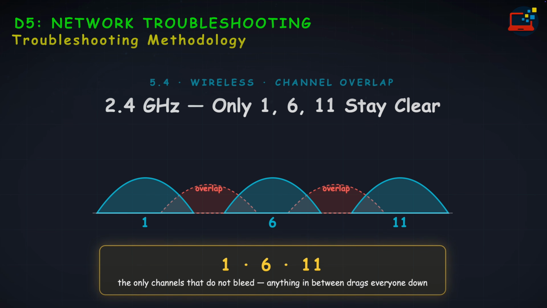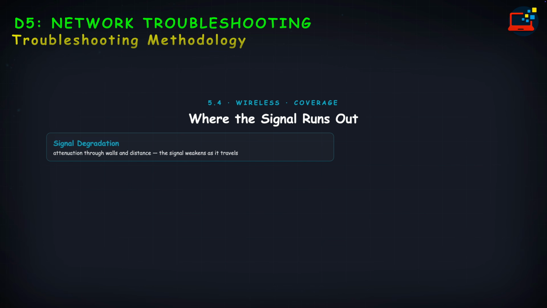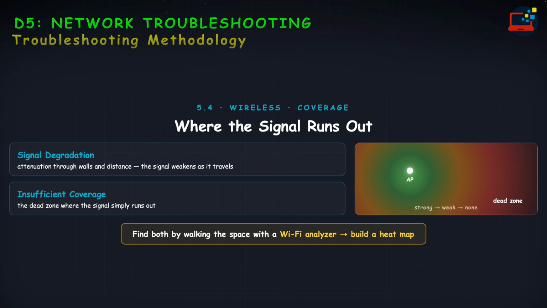Put an access point on any channel in between, and it overlaps 2 of them, dragging down everyone. Signal degradation is attenuation through walls and distance, and insufficient coverage is the dead zone where the signal simply runs out, both found by walking the space with an analyzer and building a heat map.